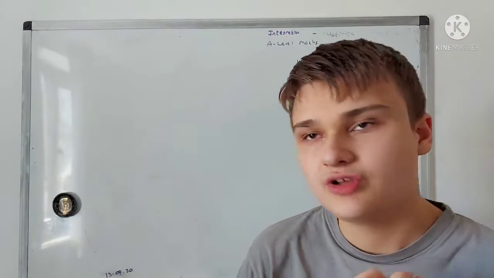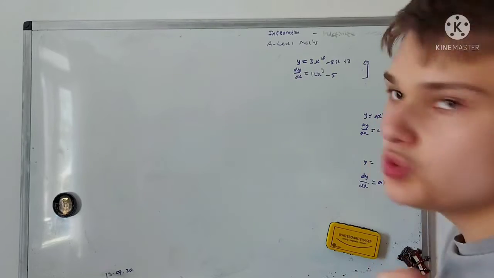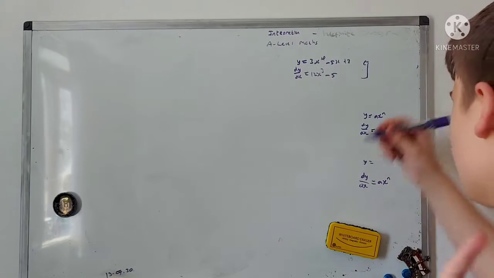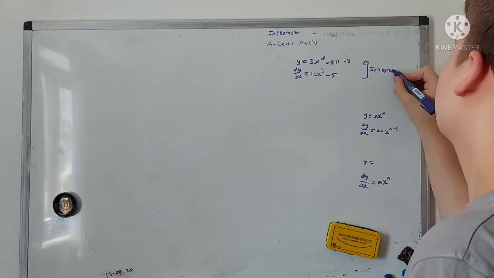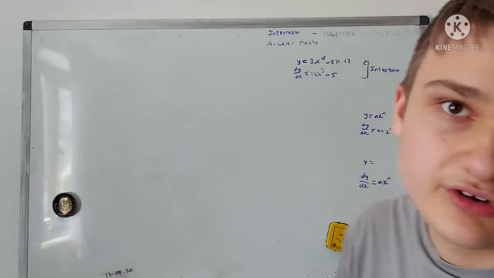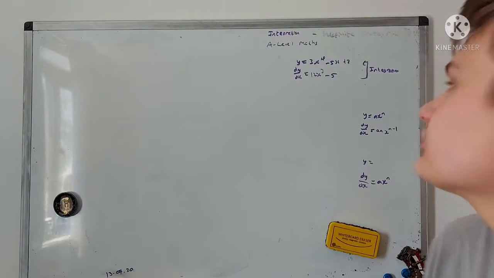How would I reverse the process to get back from dy by dx to y? Well, this is the process of integration. Integration is the reverse of differentiation, for the time being, until we move on a little bit in this section.